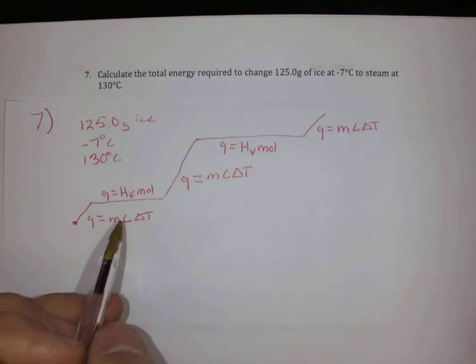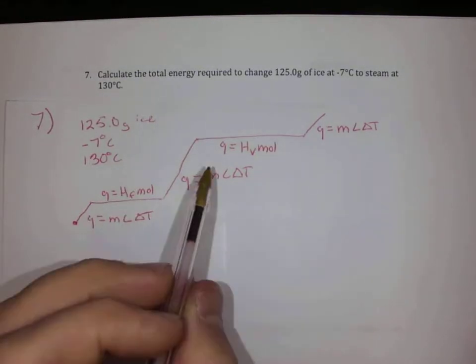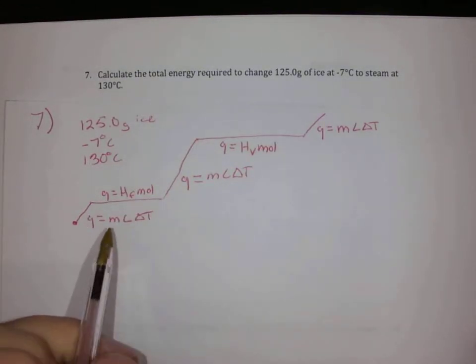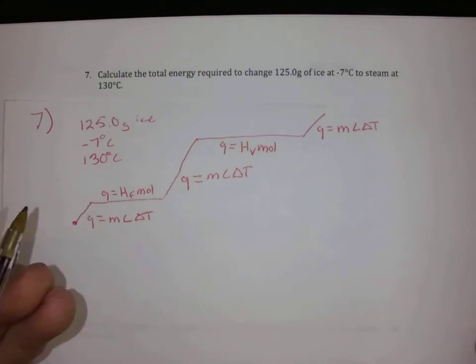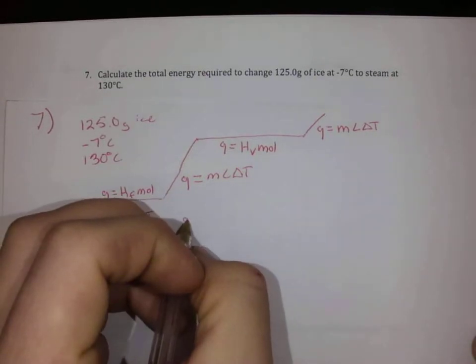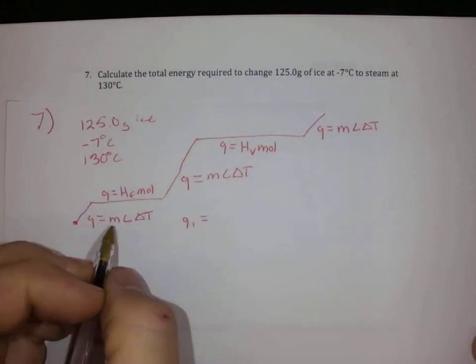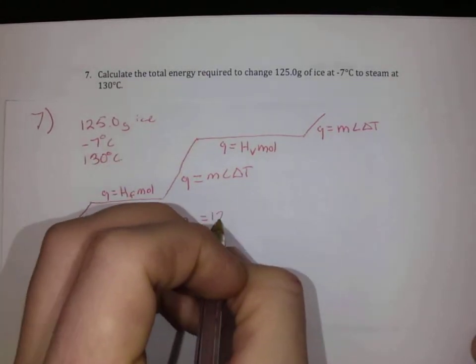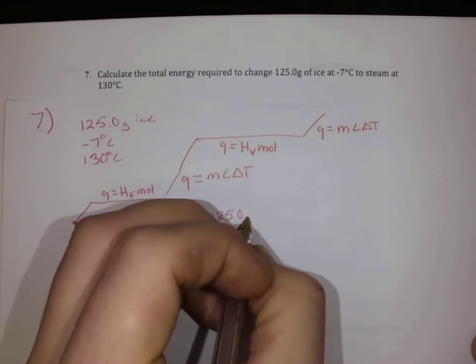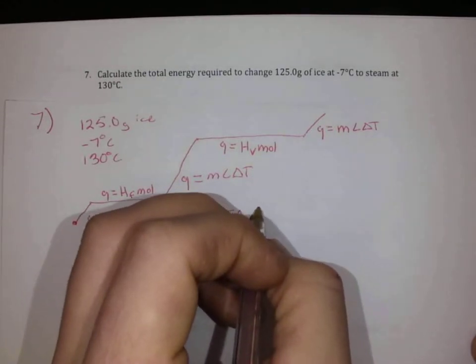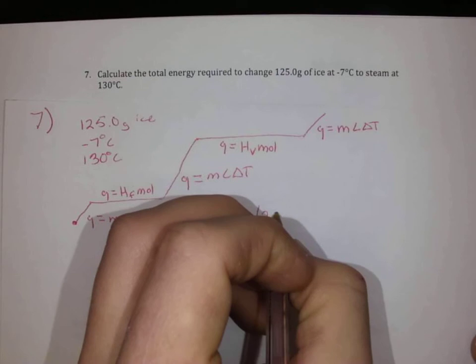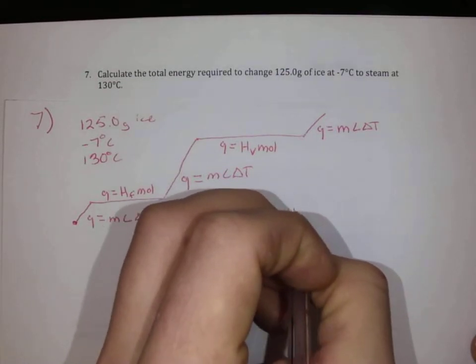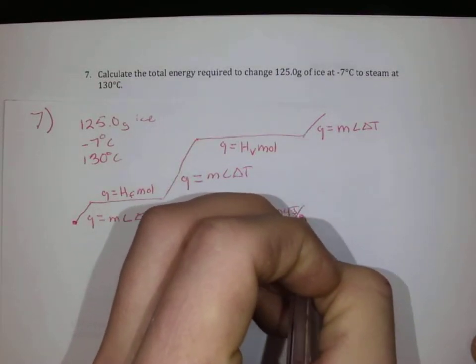So for this question, we're going to have to solve 5 equations, and then we'll add up each of our Q values. Q1 is going to be equal to my mass, 125 grams, times the C value for ice, which I think is 2.04 joules per gram Kelvin.